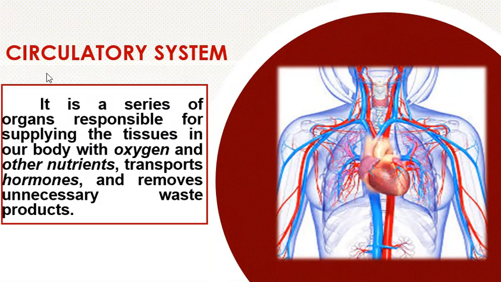Accordingly, the circulatory system is a series of organs, meaning many connected organs, responsible for supplying the tissues in our body with oxygen and other nutrients, transporting hormones, and removing unnecessary waste products. Take note again, it supplies or transports to our tissues. Again, what are tissues?